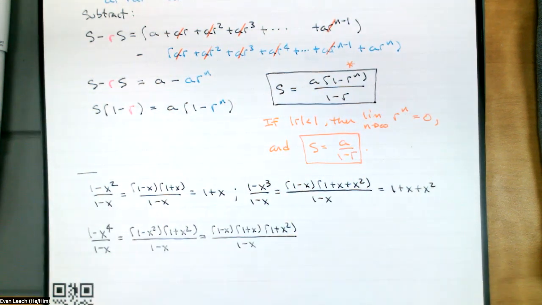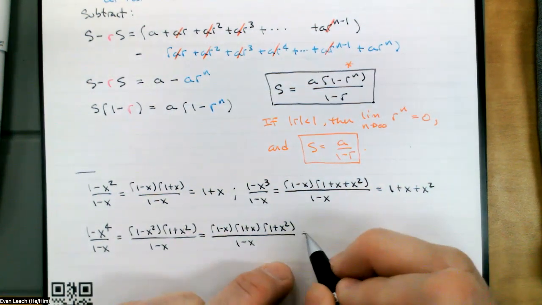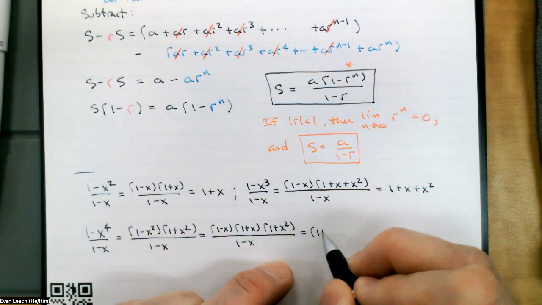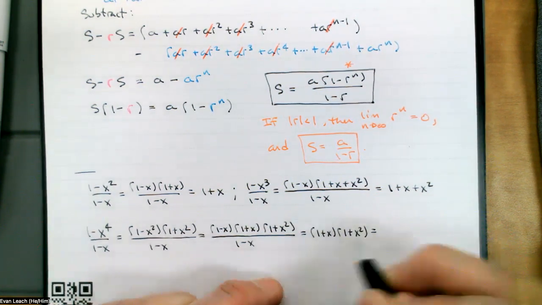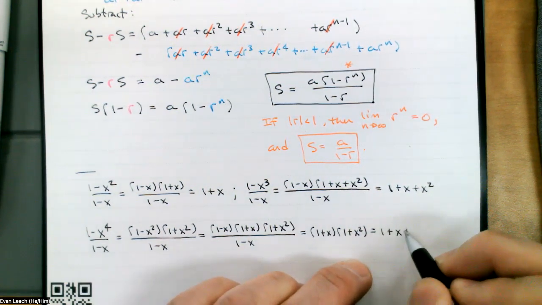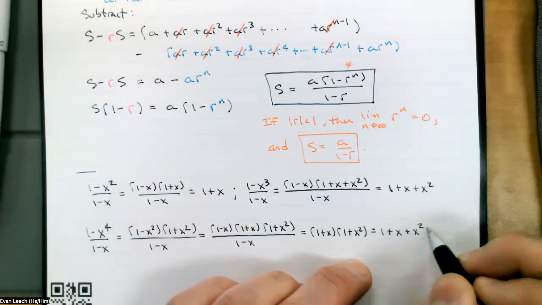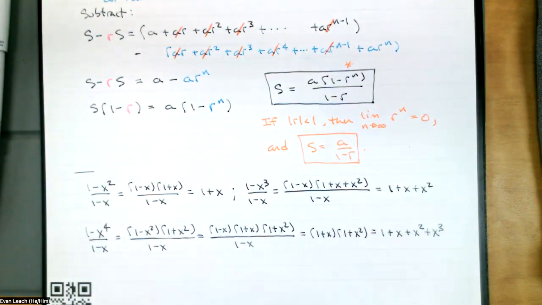This allows us to cancel the 1 minus x, and we're left with 1 plus x times 1 plus x squared. And if we multiply this out, we get 1 plus x plus x squared plus x to the third, which is the same thing that we had in our geometric series.